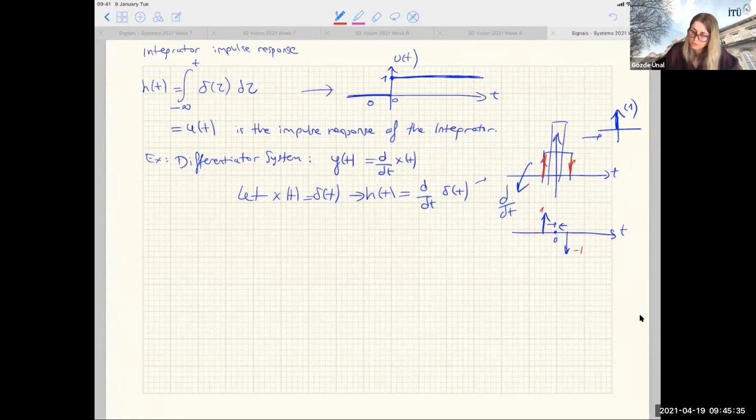We show it, and this is defined as the first derivative of delta of t, shown by this here, and also a negative one here. I know it looks a little bit strange, but this guy is the derivative of delta. Okay.